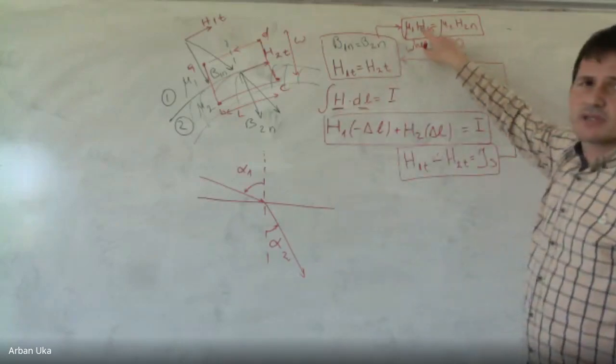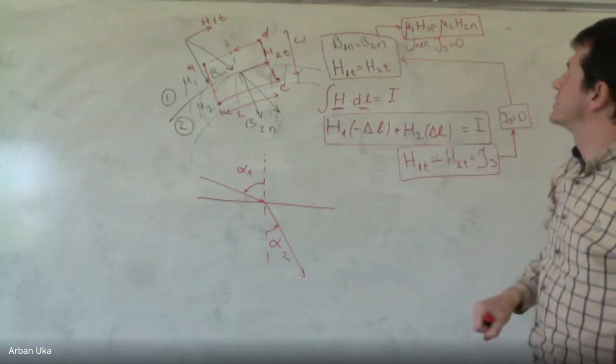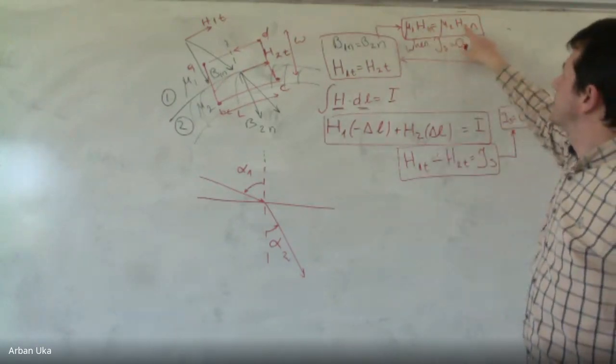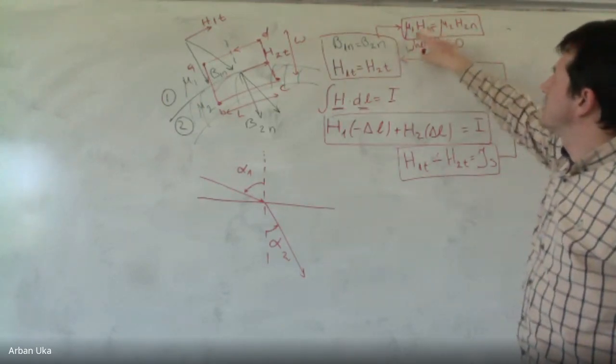So we can prove, if mu1 and mu2 are different in their magnetic properties, the discontinuity of this magnetic field intensity can be expressed like this.